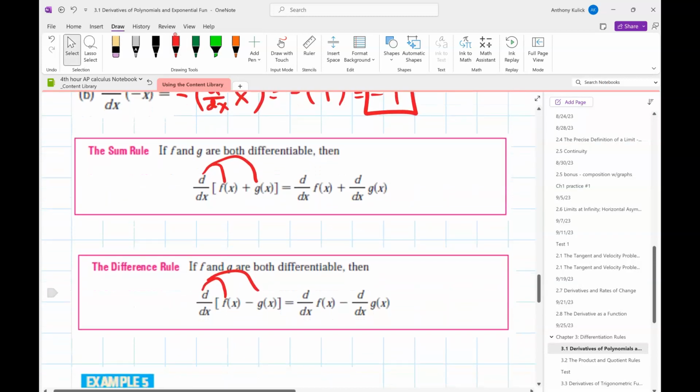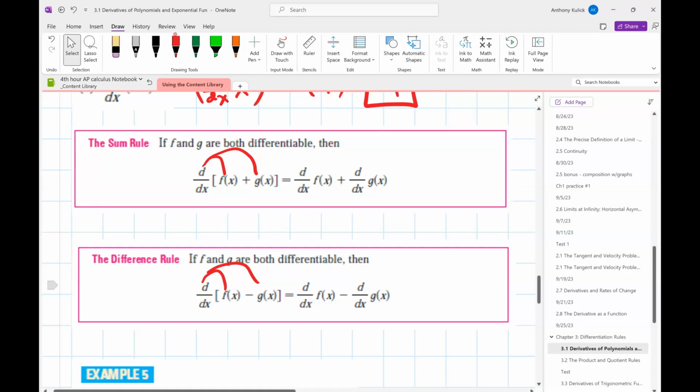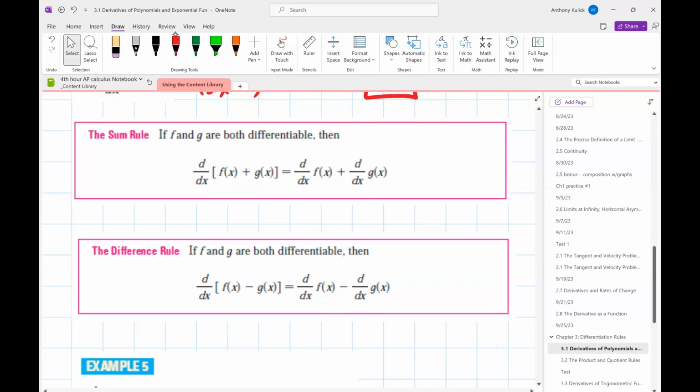Note that we have the same property for limits, right? If I take the limit of a sum or difference, I can distribute the limit across the sum or difference. That's why this works. It's because we have the same limit property, and a derivative is just a limit. Does everybody feel okay? This is really the payoff now.